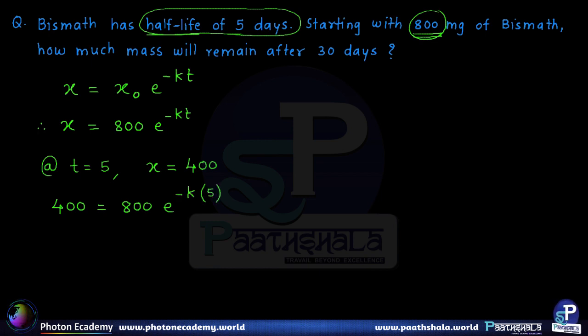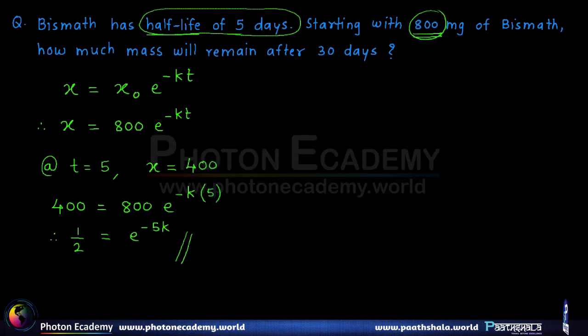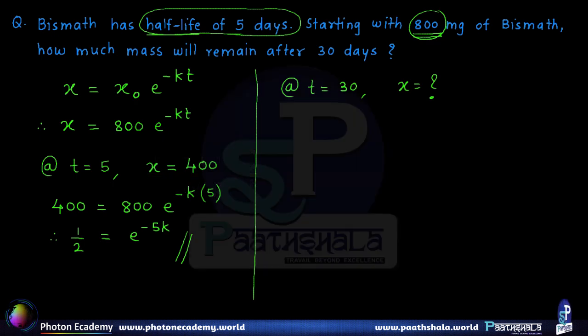So therefore dividing by 800 we get 1 by 2 is equal to e raised to minus 5k. Now here also we don't really get the value of k as such, we can use it later. Now we have to find out at t equal to 30 days what will be the amount left.